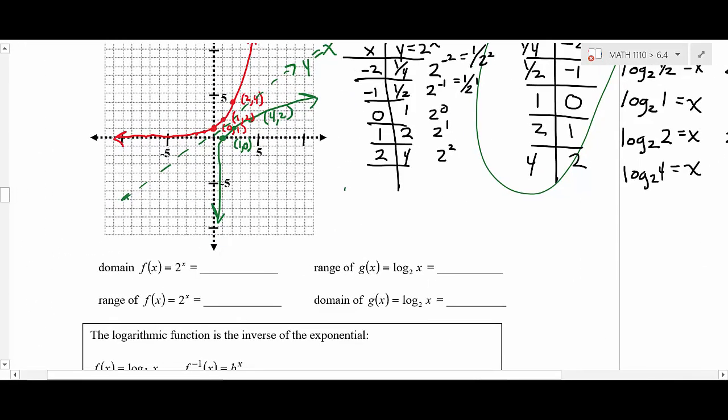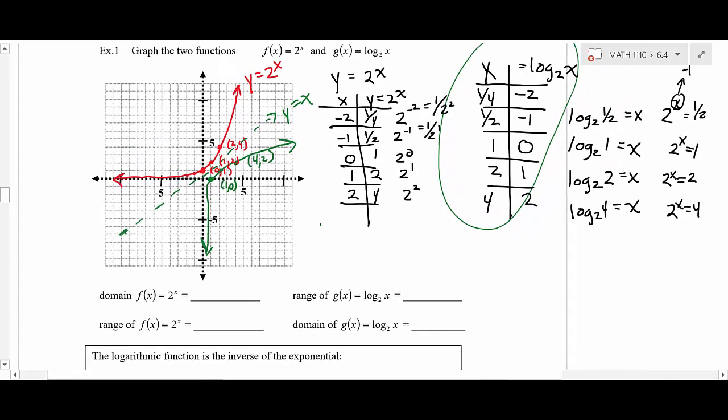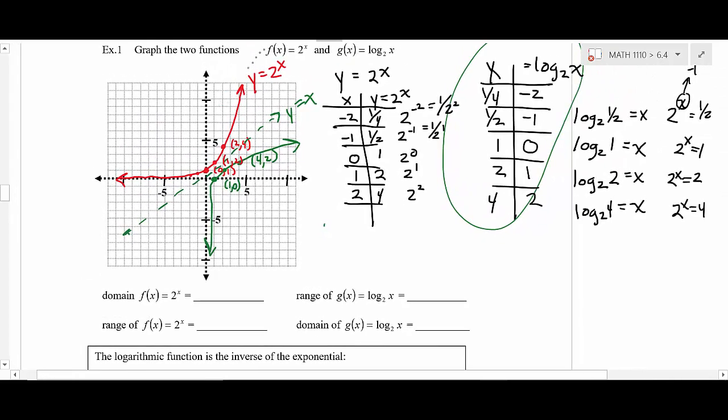Okay, so another thing I want to look at is the domain of 2 to the x. So look at the red function. That's the exponential function. What does it look like the domain of 2 to the x is? In other words, what can x be? It can be anything on this, right?